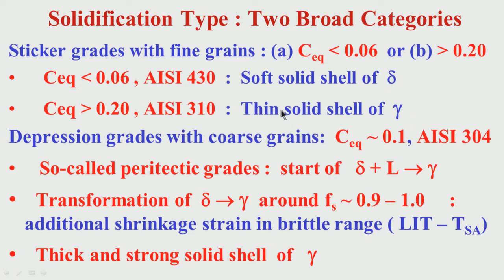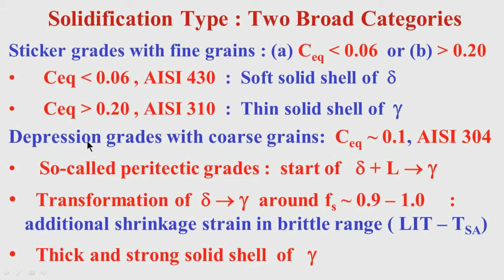Since it is thin, it cannot withstand the ferrostatic stress. So, for carbon equivalent more than 0.2 and 310 type of stainless steel, which is a totally austenitic solidification, you will have thin solid shell of austenite, and it will again indicate sticking type of solidification characteristics.